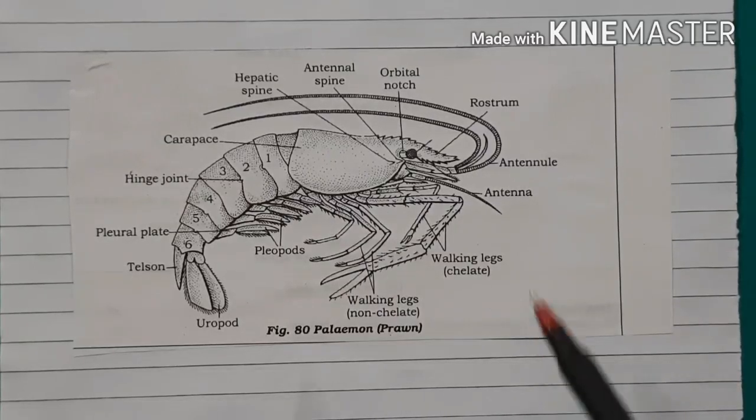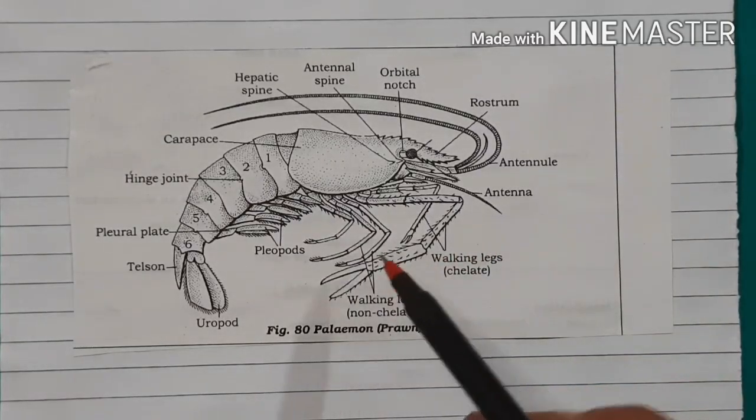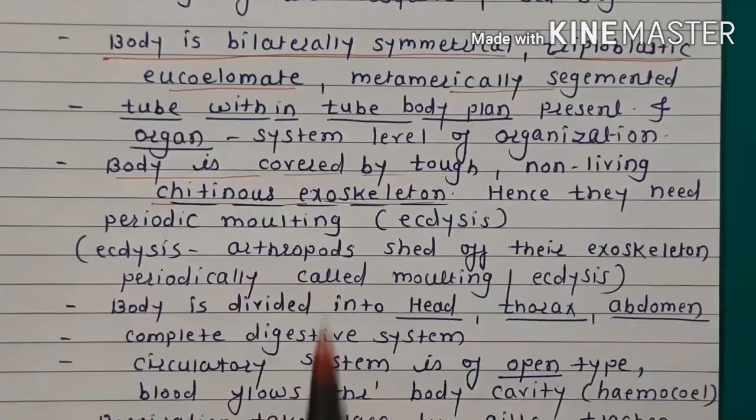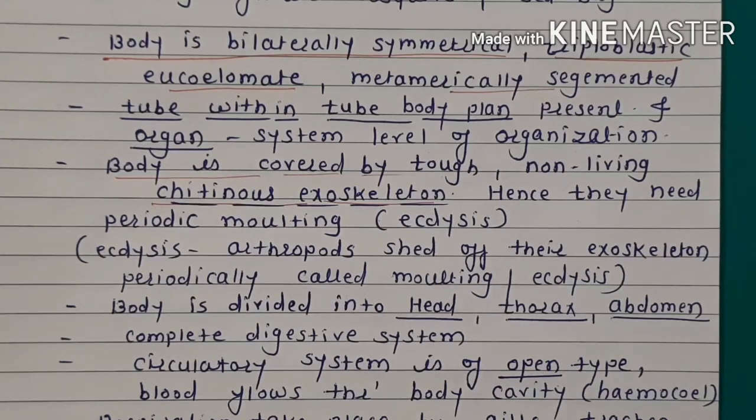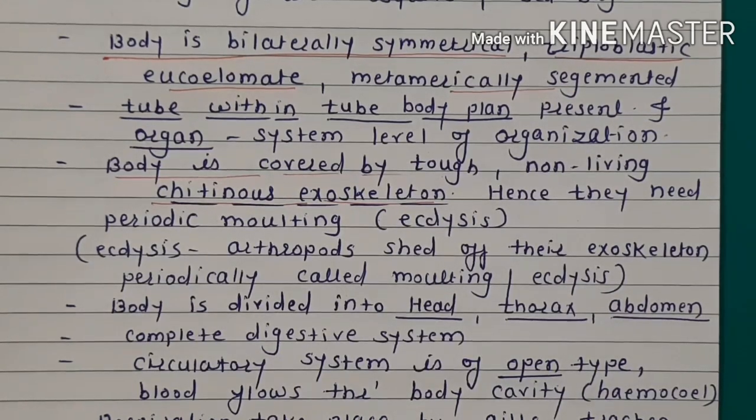Prawn. Prawn has walking legs, pleopods. Body is bilaterally symmetrical, triploblastic, eucoelomate, metamerically segmented, tube within tube plan. Organ system level of organization present.